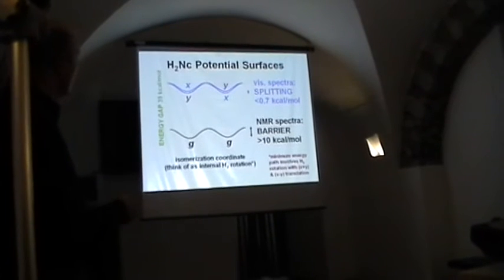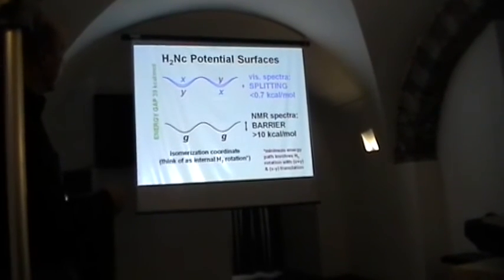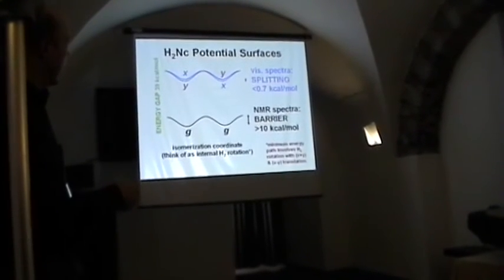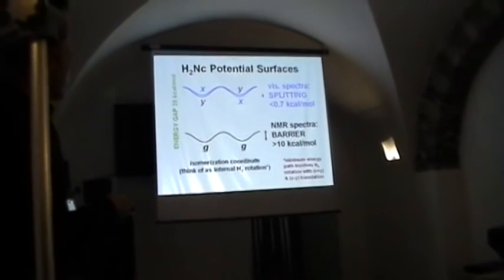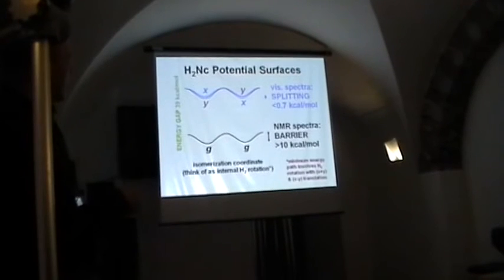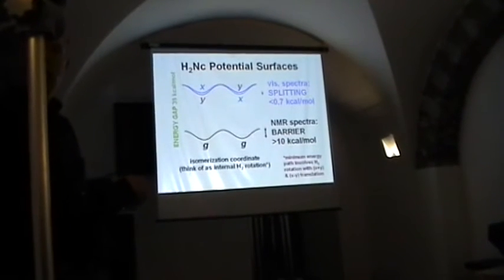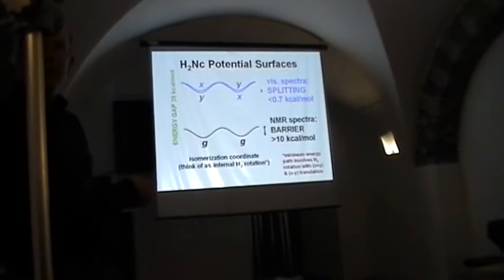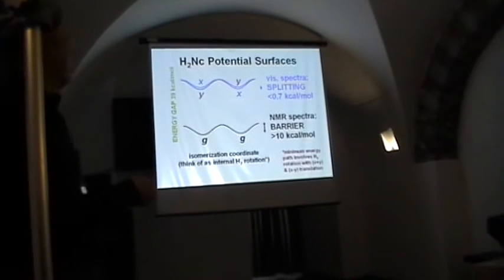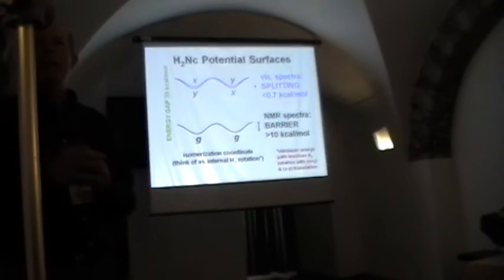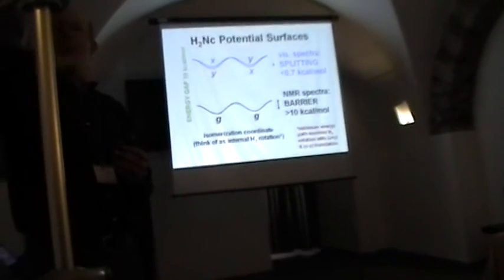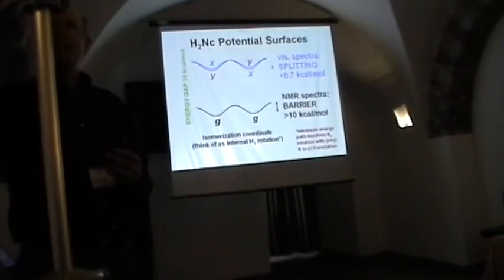Knowing that in the ground state we had this barrier on the order of 10 kcal per mole or more, you're forced to imagine that if the potential surface were to change and lower that barrier significantly, then you would cause new Franck-Condon progressions to show up in hydrogen bend type motions at the center.